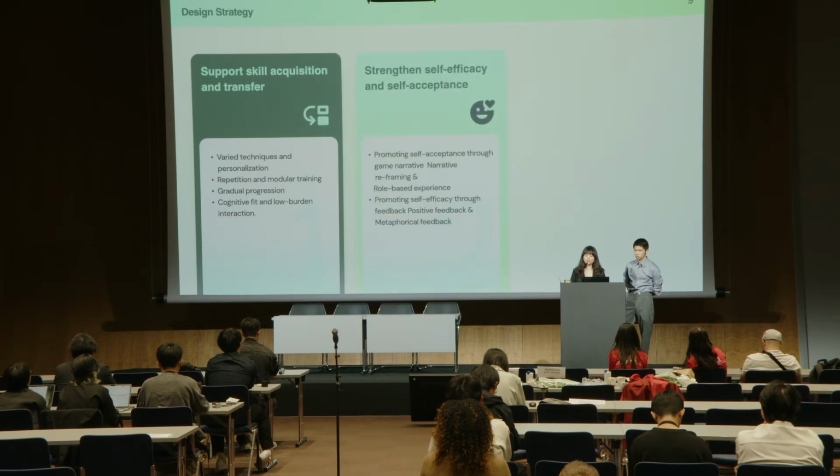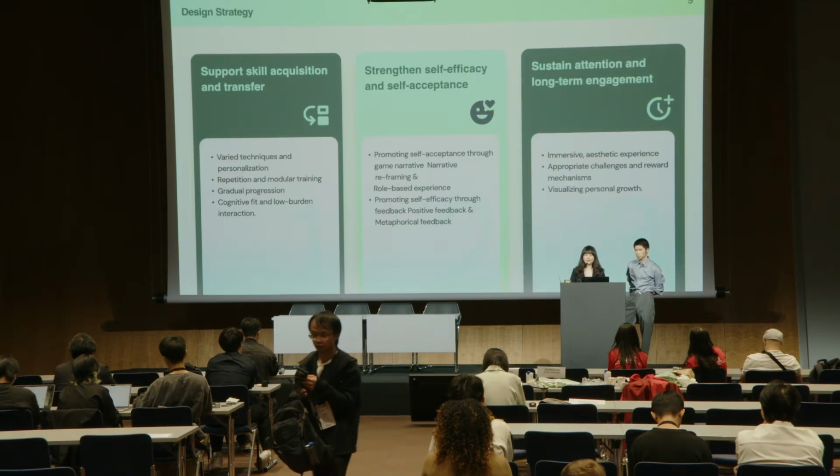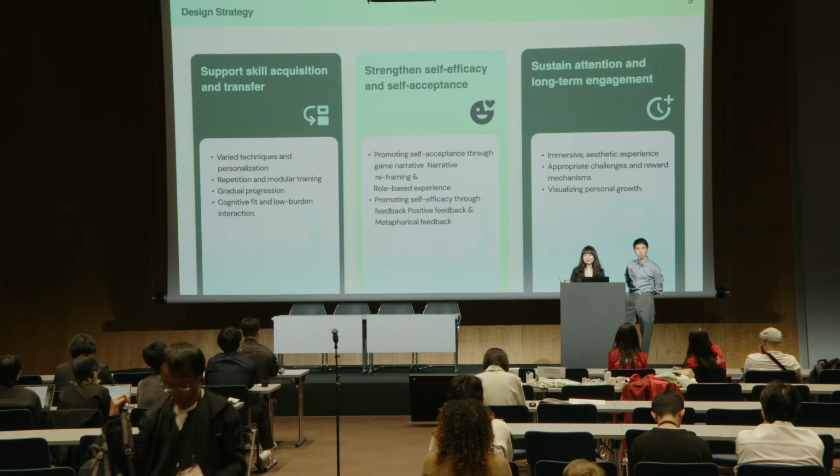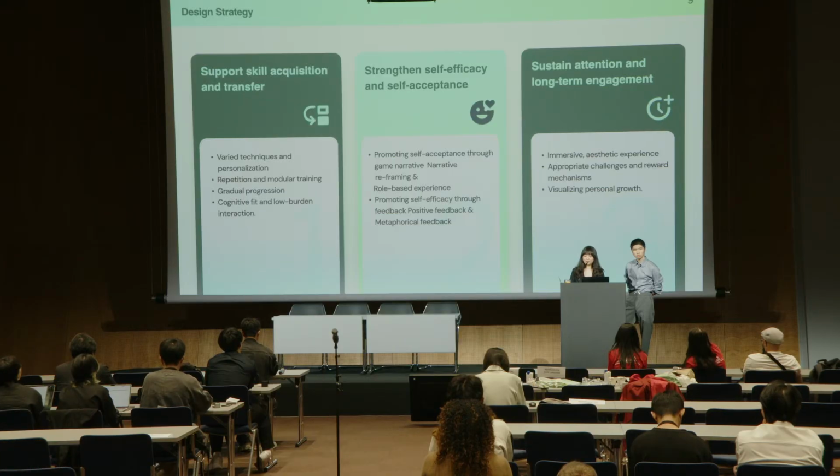Second, the game also needs to strengthen self-efficacy and self-acceptance, which is designed through narrative feedback elements. Finally, the game must keep users engaged, and we did this by designing an immersive experience, setting appropriate challenges, and visualizing their game progress.